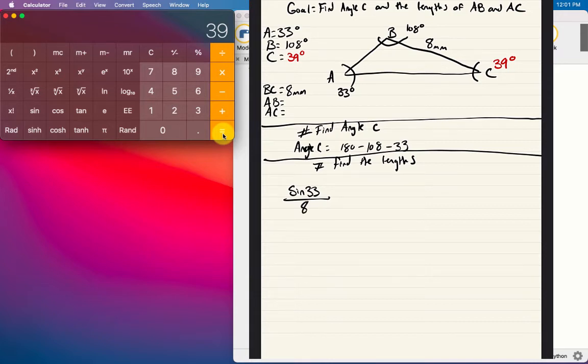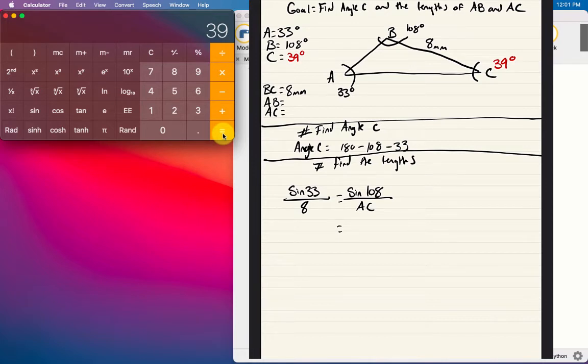So sine 33 over 8 is equal to the sine of 108 over AC, because we know the sine of 108 but we don't know AC. But we can solve for that.